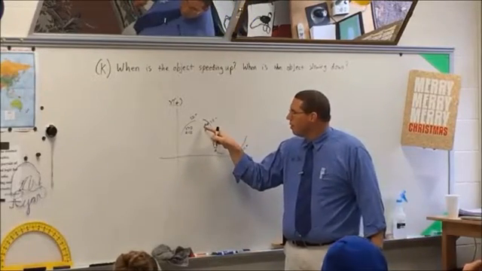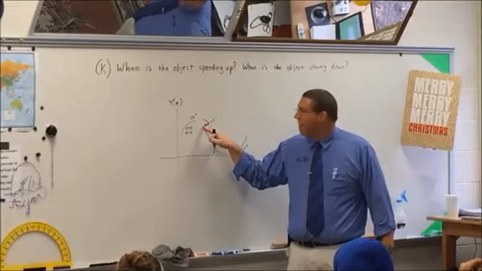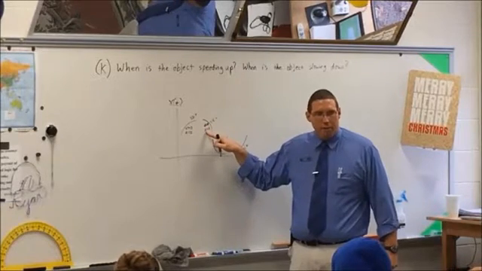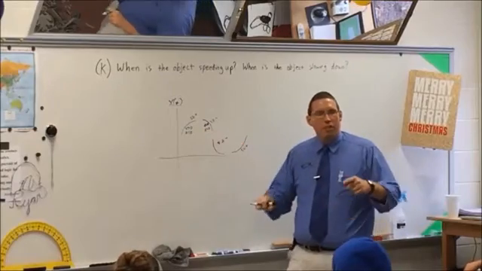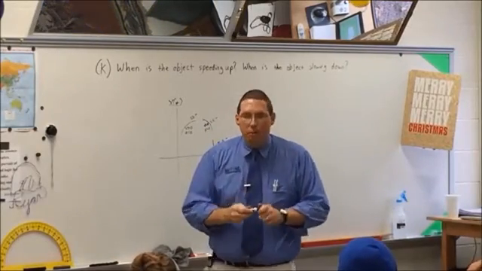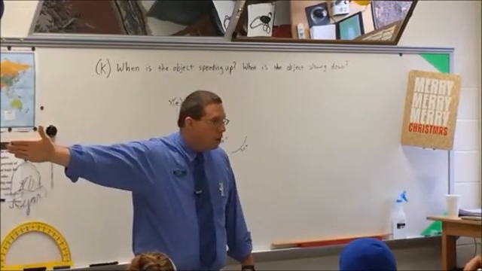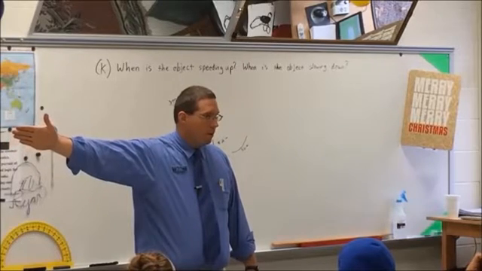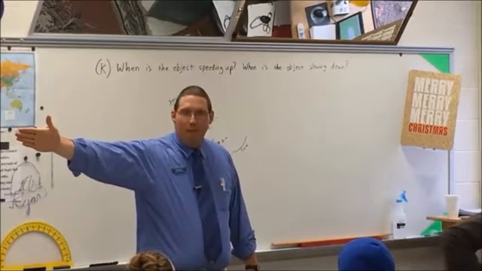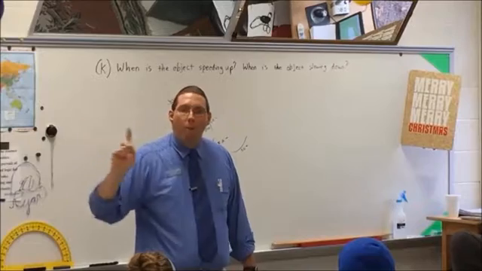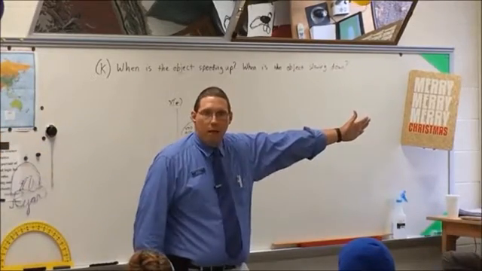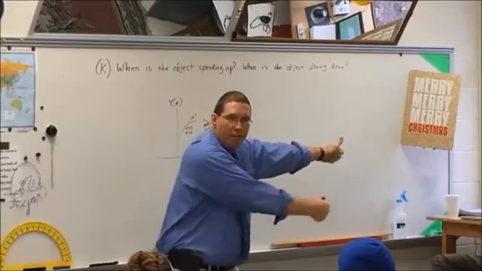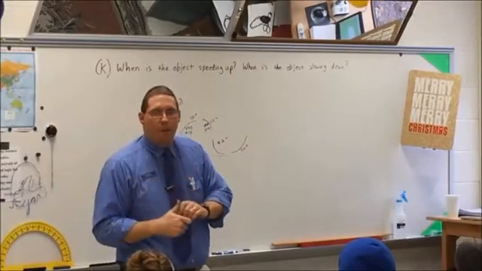You know why? Because it's moving in a negative direction, and the influence on velocity is negative. When an object is moving in a direction and the influence on the object is the same direction, what will it do? It's going to go faster in that direction. It's going to speed up. But when the object is moving in this direction, but it's experiencing influence in this direction, what's going to happen?